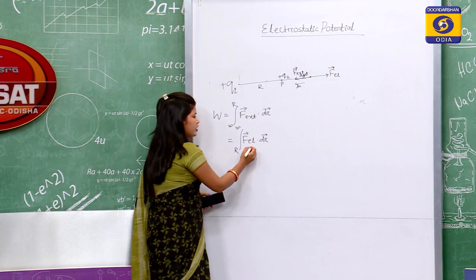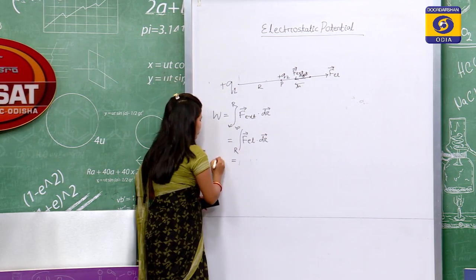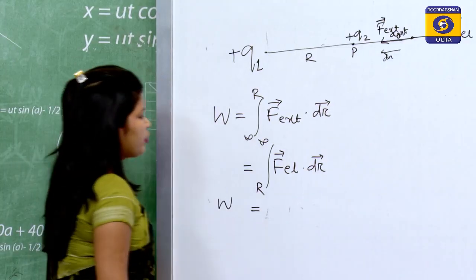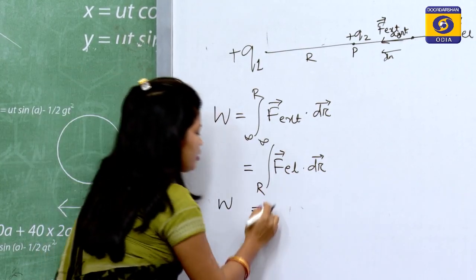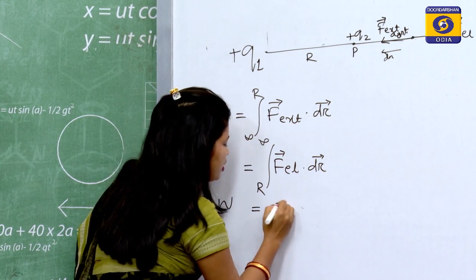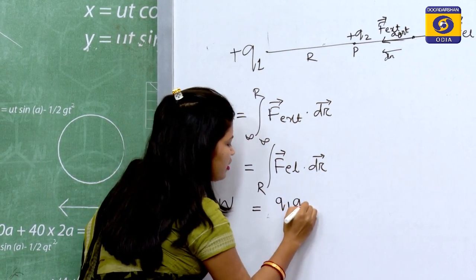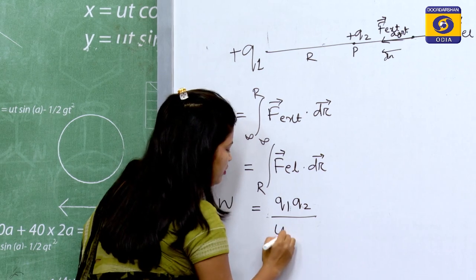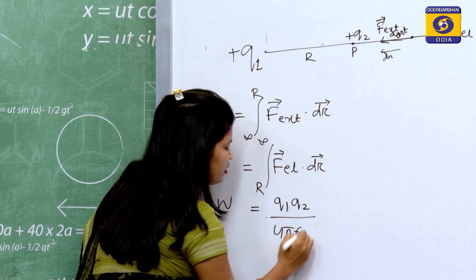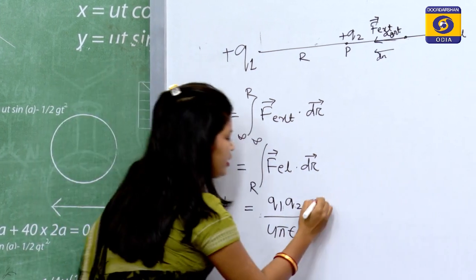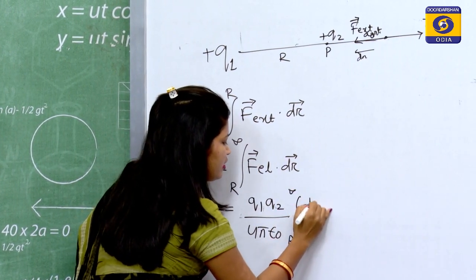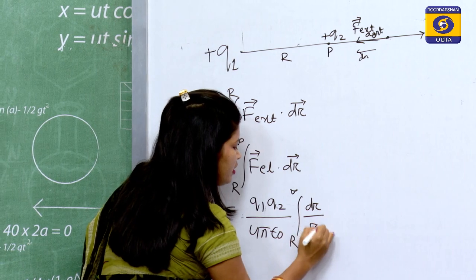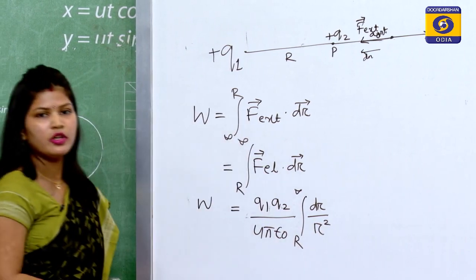That is why work done W is equal to, by putting Coulomb's formula, force is equal to q1 q2 upon 4 pi epsilon naught, integration of r to infinity dr upon r square.